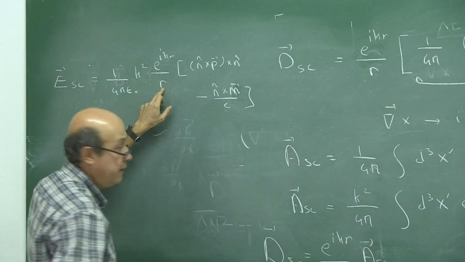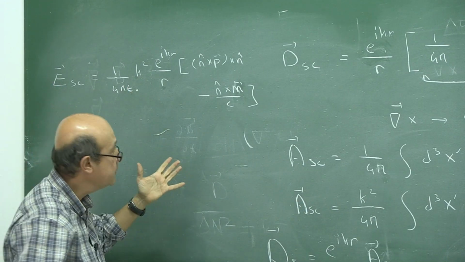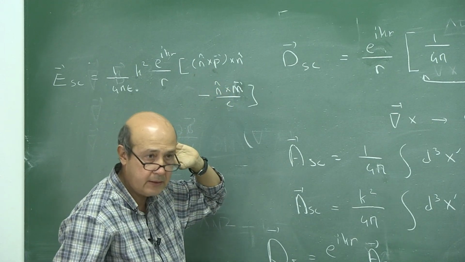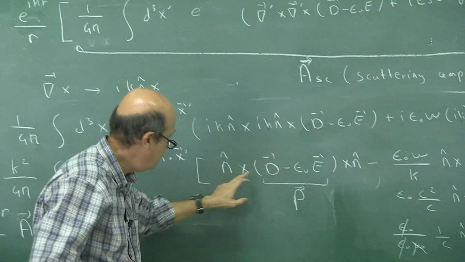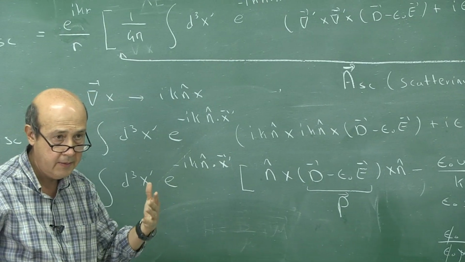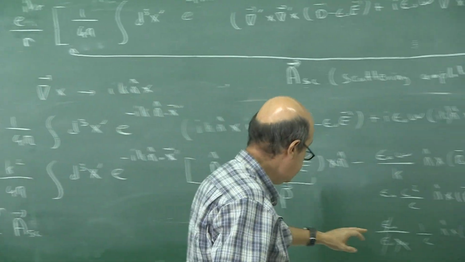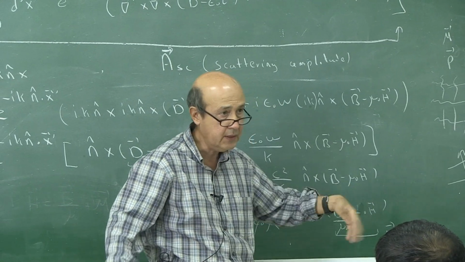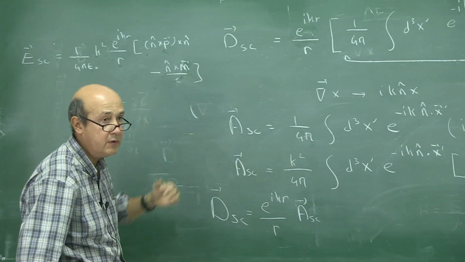We have the spherical wave term, we have the k squared. Take the epsilon 0 there, that will be electric displacement naturally. Look at here, n cross p. n cross p is the electric dipole moment. Here, if this is the polarization, we have n cross p. But if you integrate this through the volume, that will be polarization. And the other term is minus 1 over c n cross magnetization. If you integrate through the volume, that will be magnetic dipole moment. So it is one to one the same.